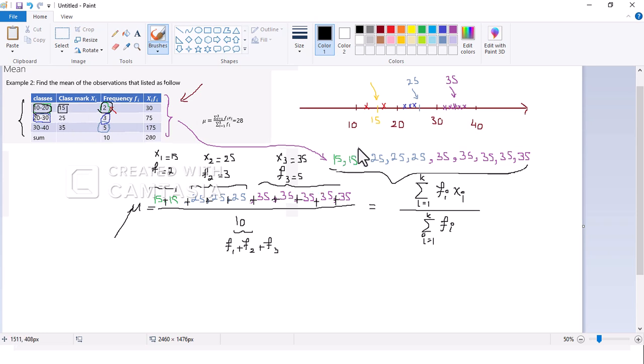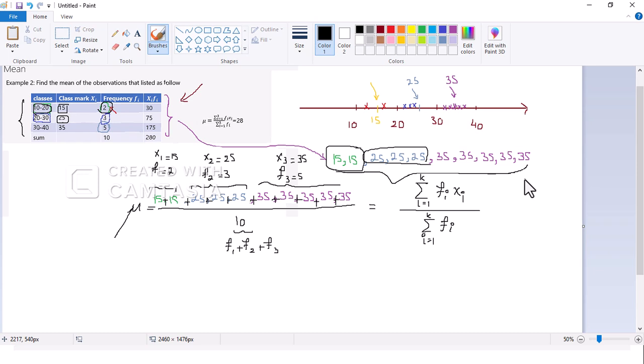For the class between 20 and 30, we have a class mark of 25, and it's repeated 3 times. And for the last class as well, we repeat it 5 times.